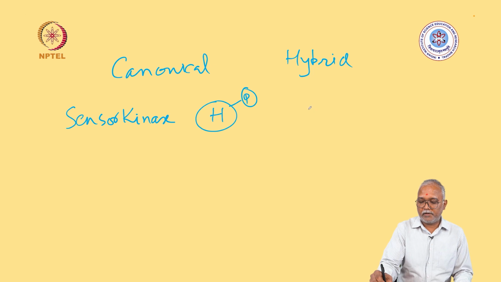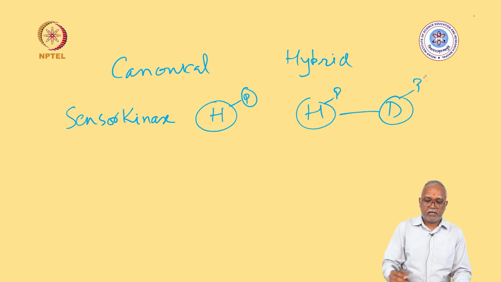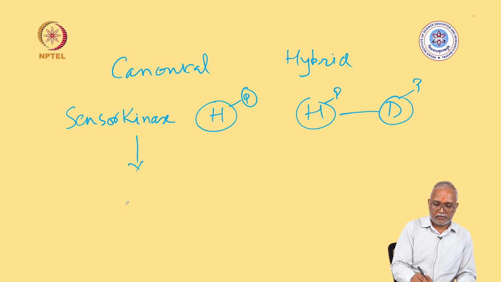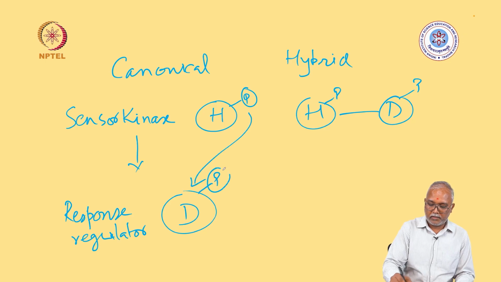In case of hybrid, you will not only have the histidine but also the aspartate residue which can mediate the phosphotransfer. This will require the next molecule as a response regulator, which will have the aspartate residue and accepts this phosphate group on it.